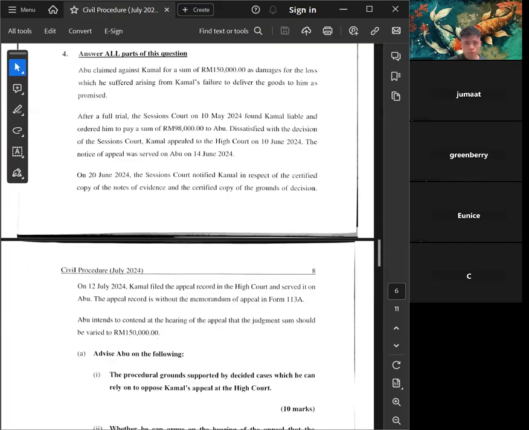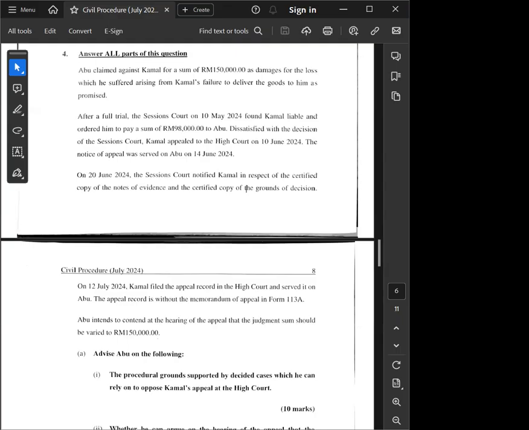So the time frame as given in Order 55, Rule 2 is that you must file your appeal within 14 days. How does the calculation of the 14 days work? It is from the date of decision.